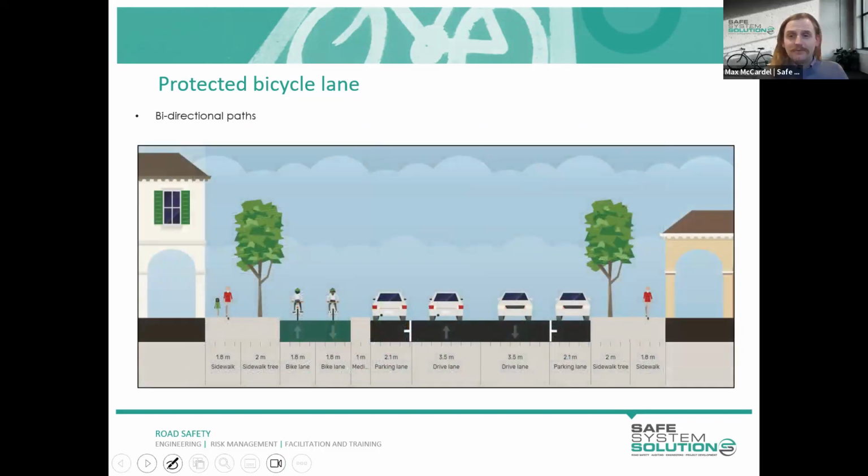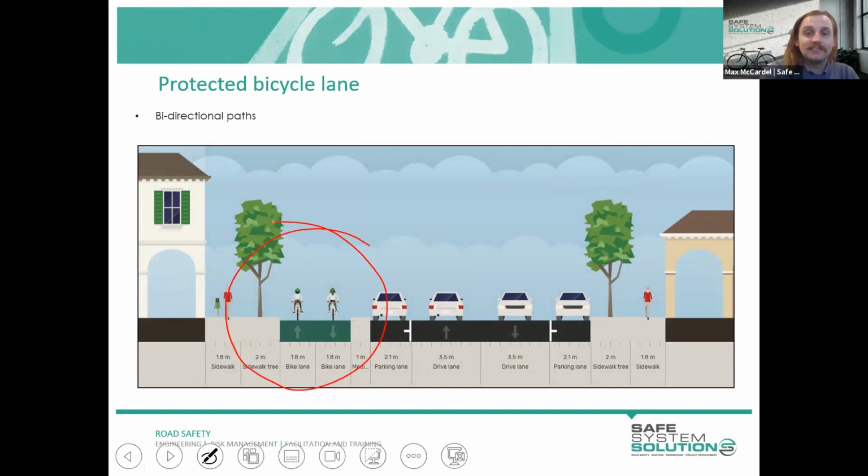The other type of configuration that you can see within protected bicycle lanes is a bidirectional facility, which basically just means putting all the cyclists on one side of the road. So you can see cyclists can travel in both directions just on this one side of the carriageway. So it's no longer a mirror image. It's no longer symmetrical.